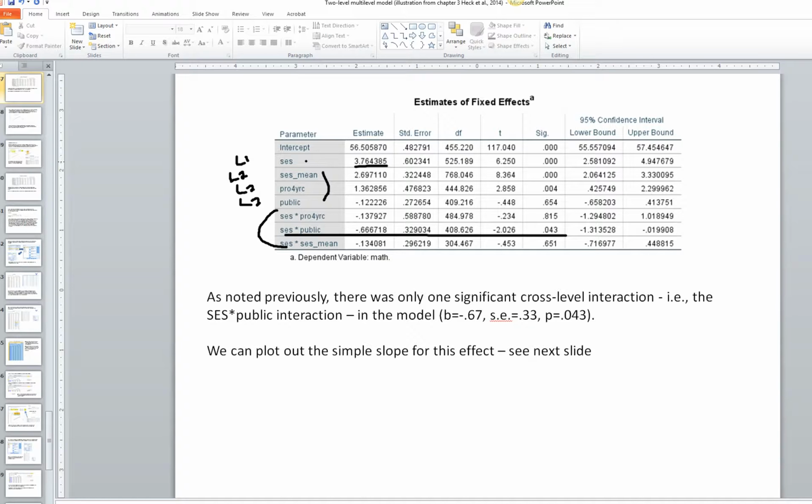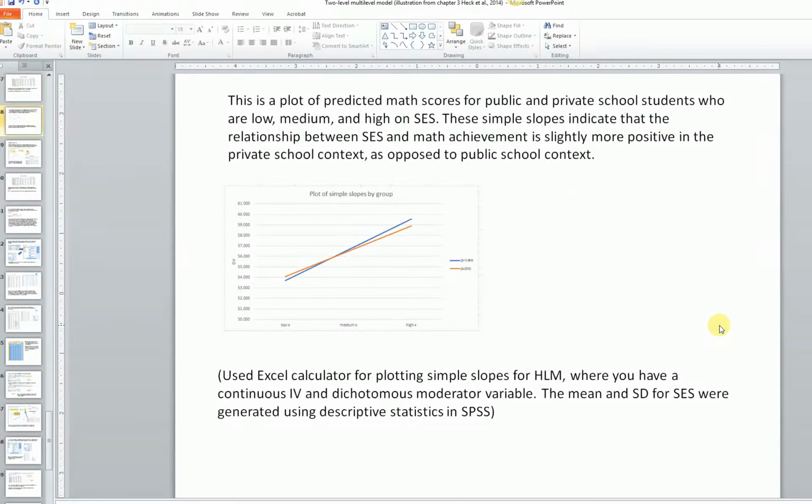So in the previous video, I essentially provided an example of a plot of simple slopes by group. And so you can see that these are the slopes of the relationships between student level SES and math achievement, by type of school, whether it be a public school or a private school.